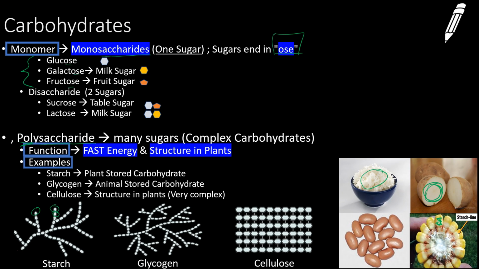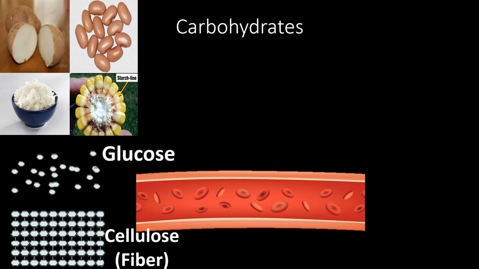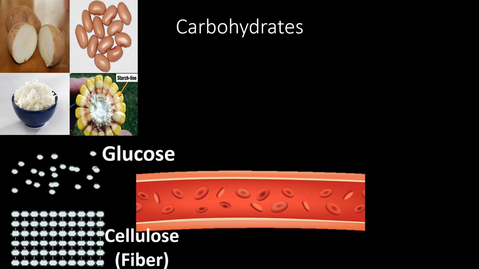Okay, so go ahead and take note of this, and let me show you guys another example of what this looks like. So, we have carbohydrates. Again, this is food. We get the starch from the plants and we're eating it, okay? This is our blood. So what happens when we eat carbohydrates? First of all, that starch gets broken down into simple monomers, gets broken down into glucose.